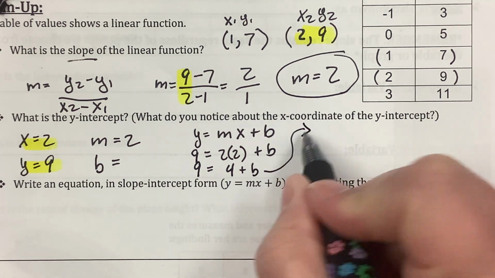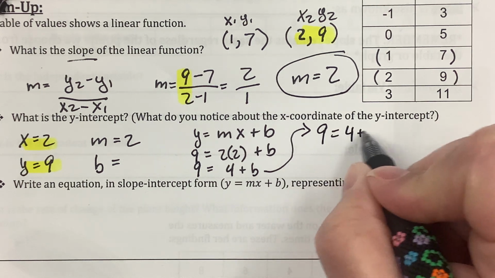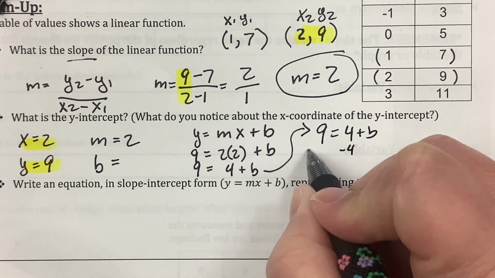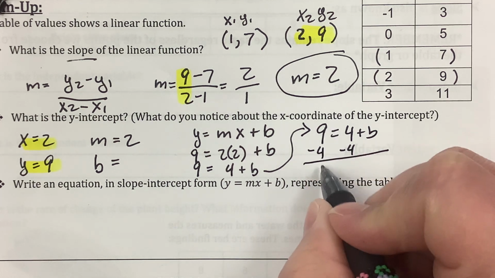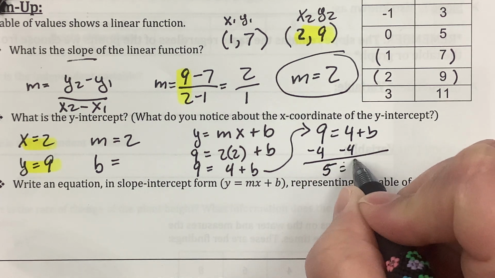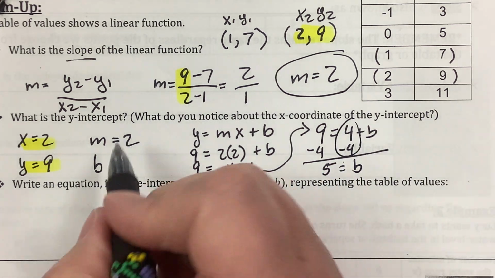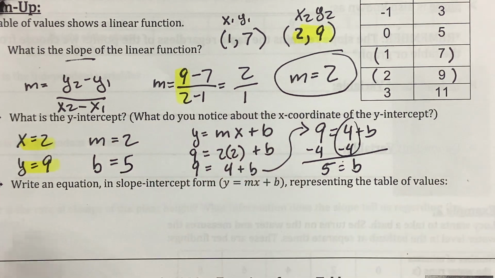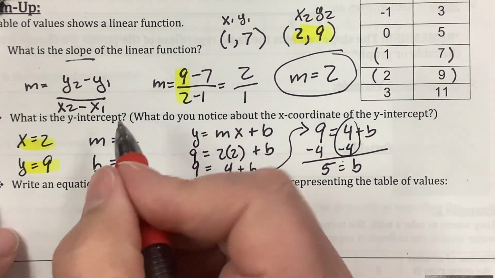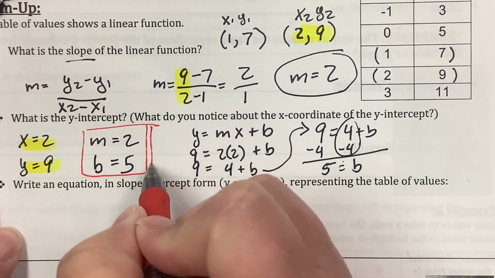I've run out of space because I write enormous. 9 equals 4 plus b, minus 4 from both sides. 9 minus 4 is 5, so b equals 5, because 4 minus 4, of course, is 0. b equals 5. So I come over here and I put a 5 for my b. Now I have m is 2 and b is 5.